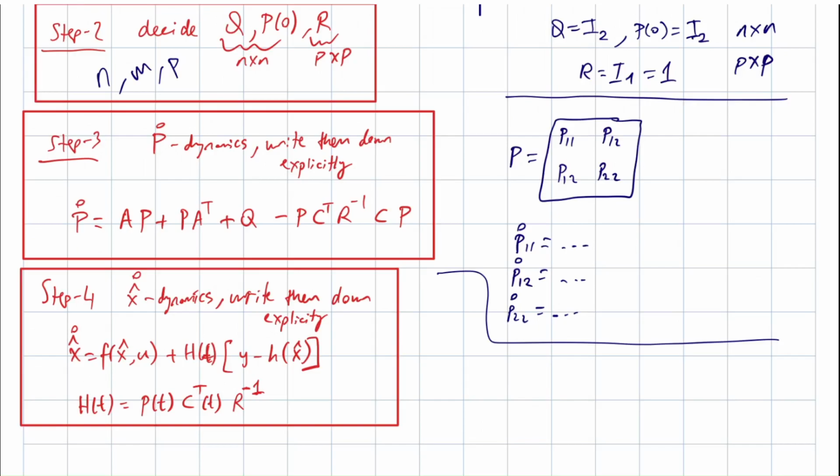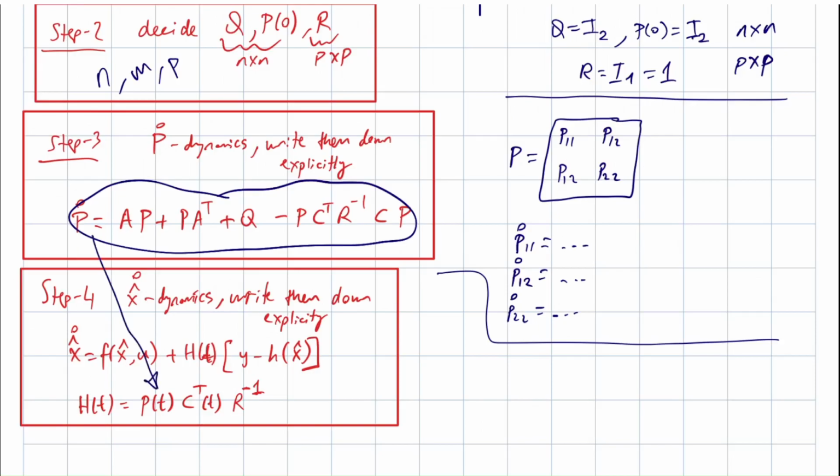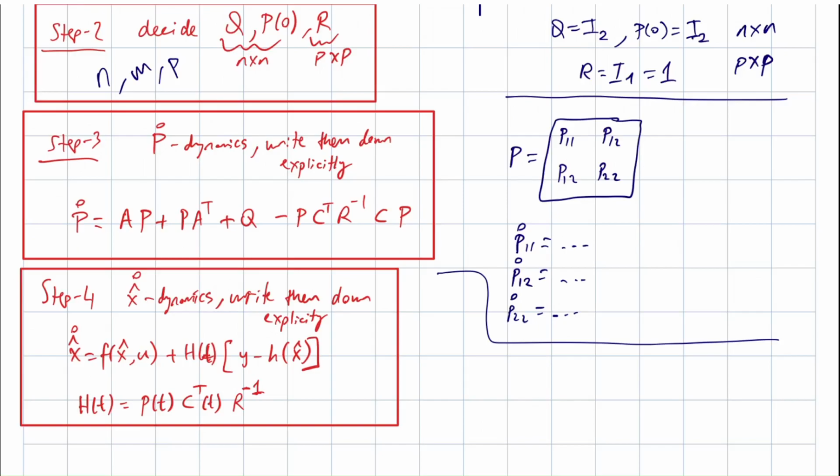H of t is given by this expression, and P of t comes from this dynamical system. You can consider we have another dynamical system, and P of t is its state. And C of t, we know what it is, and R inverse, we know again what it is. It's something that we are going to choose.